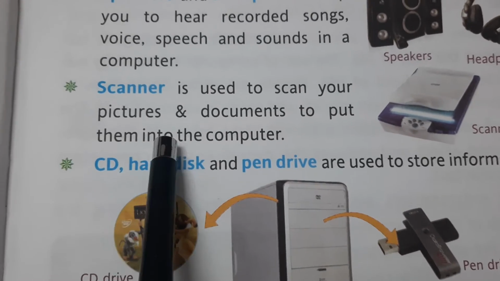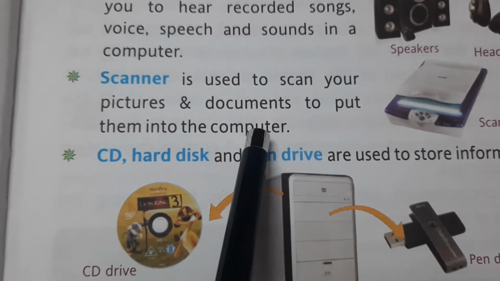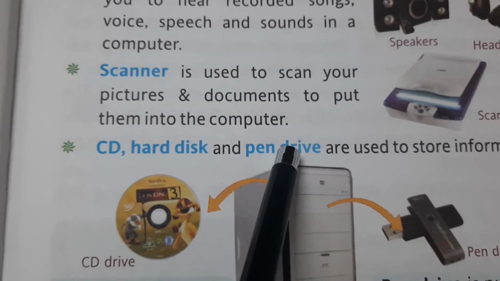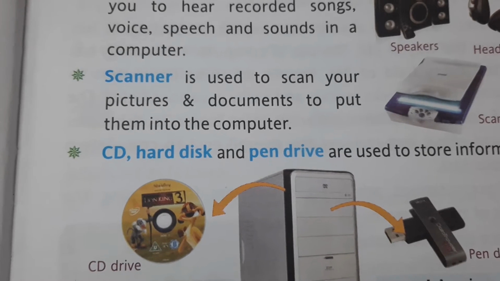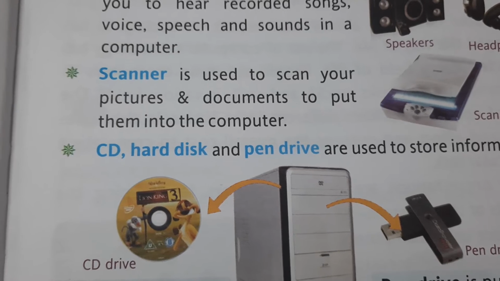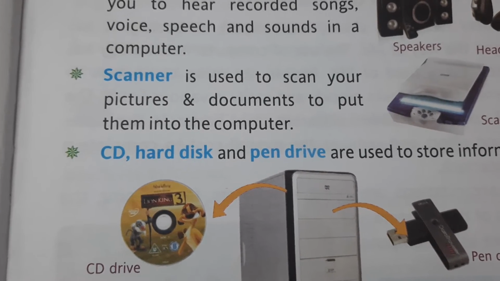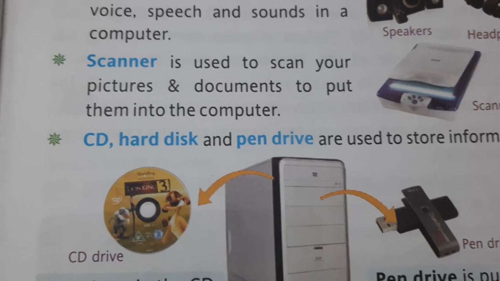Then next is scanner. Scanner is used to scan your pictures and documents and put them into the computer. Means whatever the function of the printer is, the function of scanner is just opposite to that. In a printer, whatever we see on the monitor, we can get on the paper.